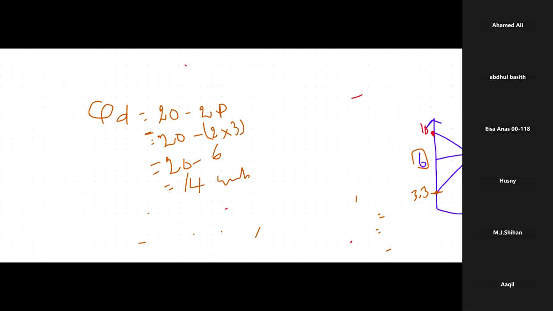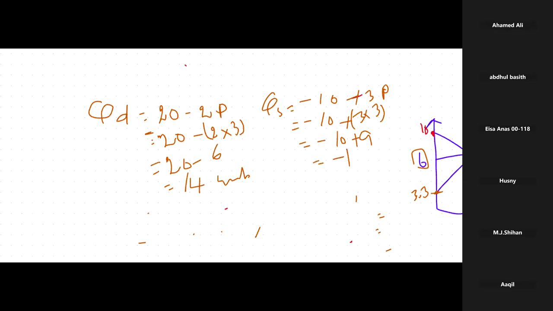And in your supply function, minus 10 plus 3p. In that also, see this, minus 10 plus 3 into 3. Minus 10 plus 9, minus 1.